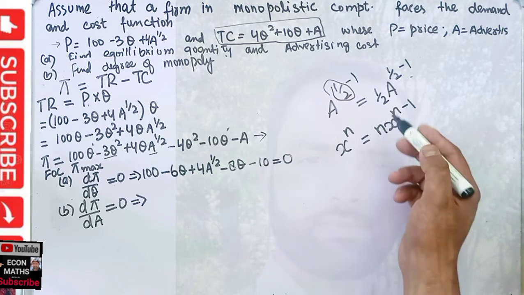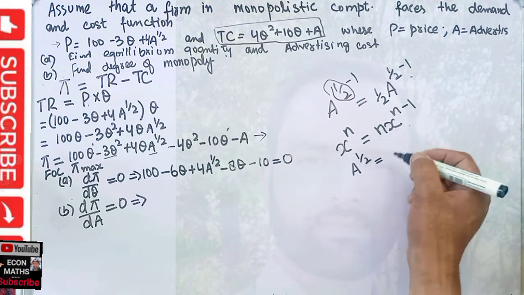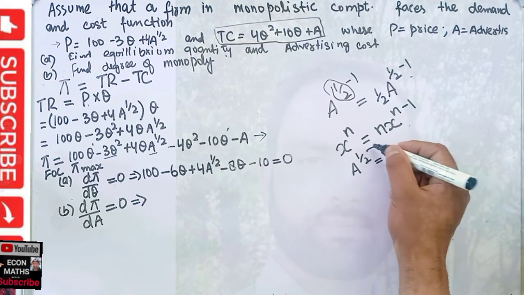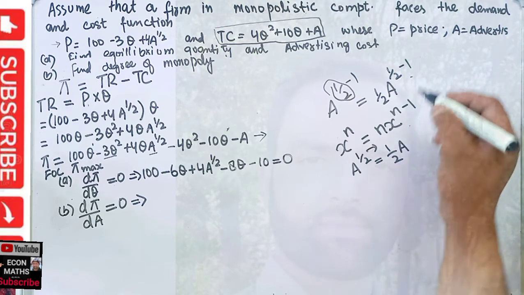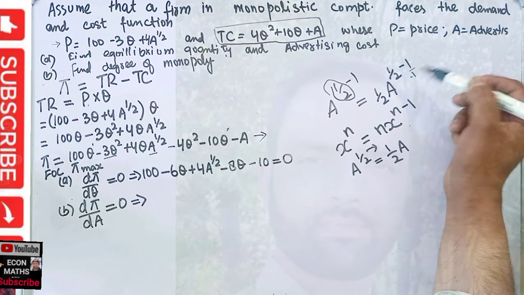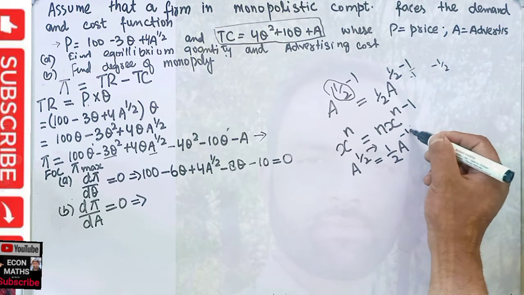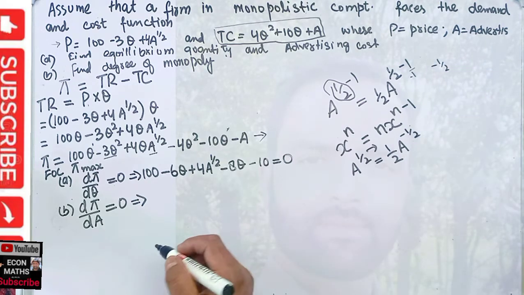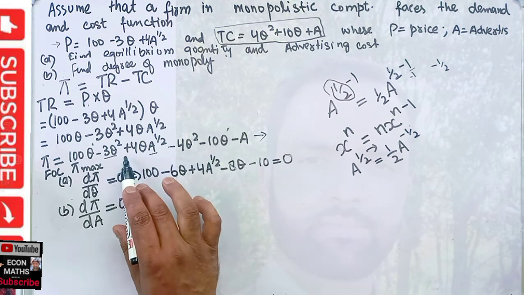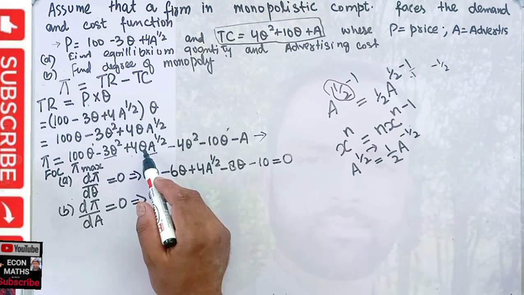Now a to the power 1 by 2, its derivative is 1 by 2 a to the power. Now 1 by 2 minus 1 is simply 1 minus 2 divided by 2, that is minus 1 by 2, so we will get minus 1 by 2 as the exponent. So we were at this term, so this is 4 times the derivative of q.